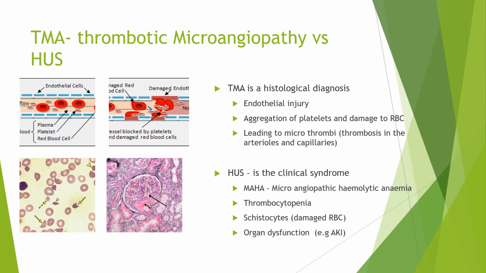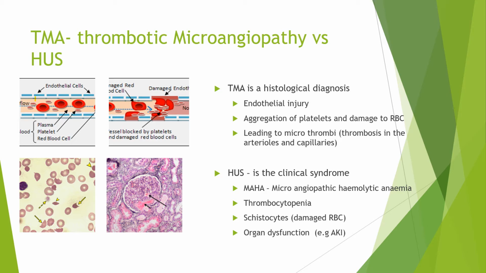If you look at the figure on your left-hand side top, that shows a normal blood vessel with normal endothelium. The flow is happening in the middle, with the red blood cells flowing through the middle and the platelets flowing along the sides with plasma.